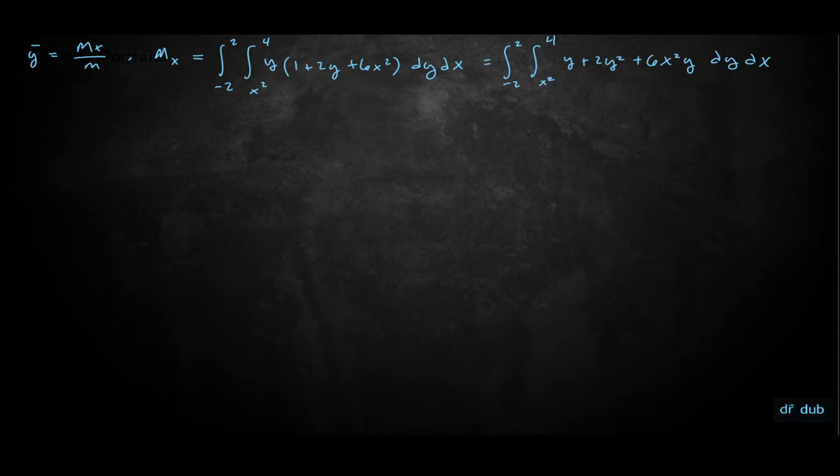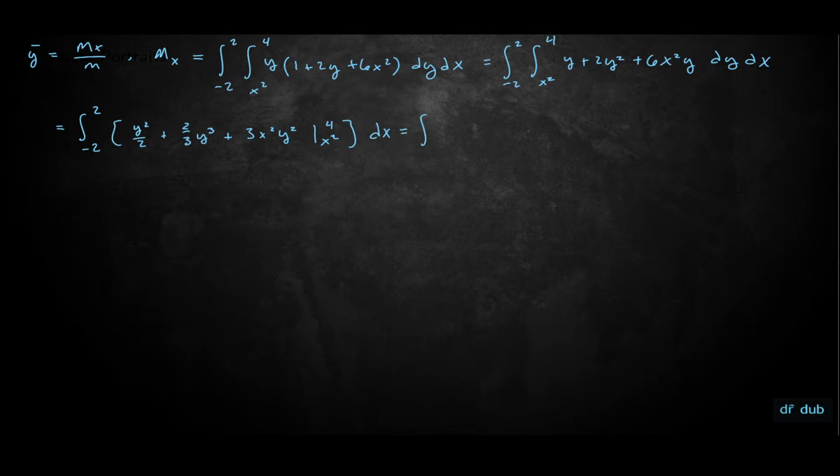So this is going to be the integral from negative 2 to 2, integrate with respect to y. So we get y squared over 2 plus 2 over 3 y cubed plus 3x squared y squared from x squared to 4 dx.